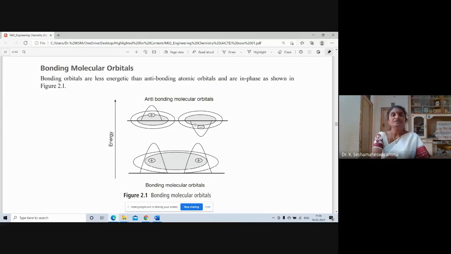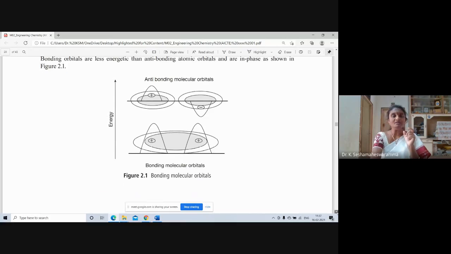This is a down phase. For easy remembrance, we give the sign as a minus. But these are not indicating charge. These are phases. This phase is towards up, this phase is down. Down we represent with a minus symbol. Upward phase we represent with a plus symbol. You have to remember it.